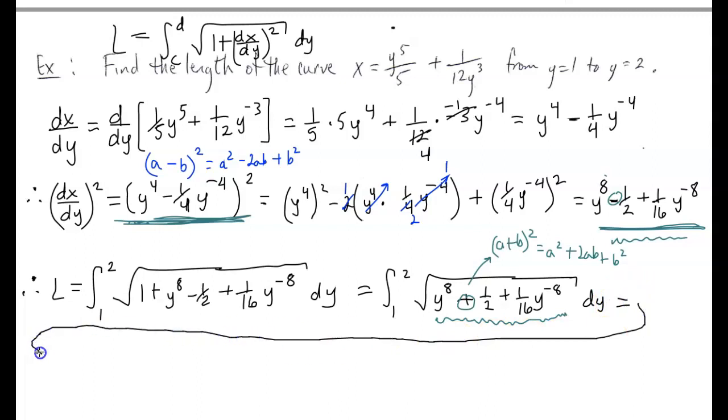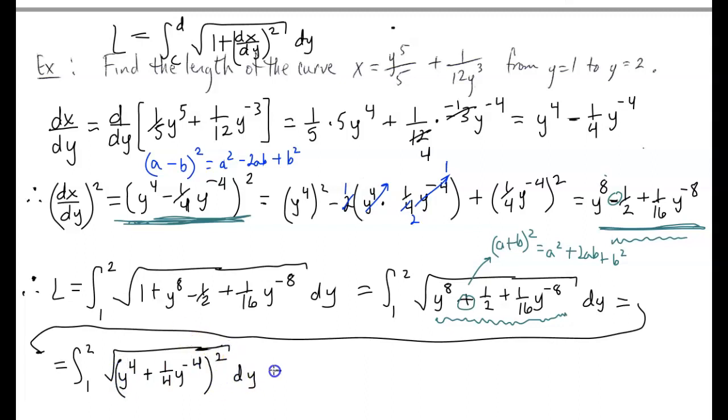All right, so now we'll just say this is the integral from 1 to 2. And we'll just rewrite this as y to the 4th plus 1/4 y raised to the negative 4, and all of that squared, dy. Okay.